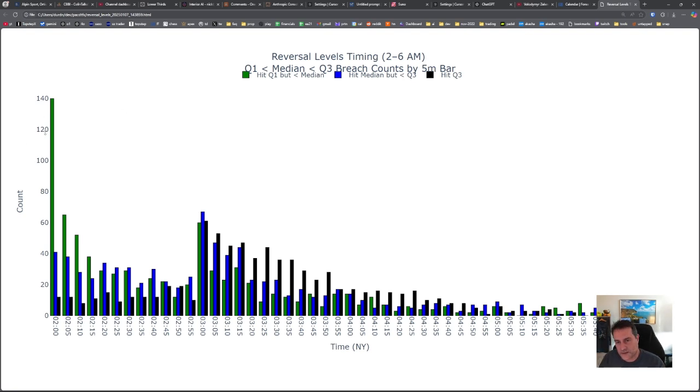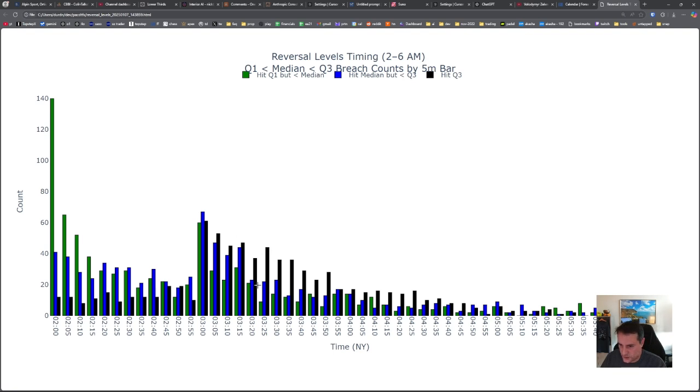And that is, okay, if you're correct that the low of the session is at 2 a.m., then most likely you don't expect more than a Q1 touch. And then as we proceed, we hit 220 to 230. It could be the median. Then from 3 onwards, all of them are possible.